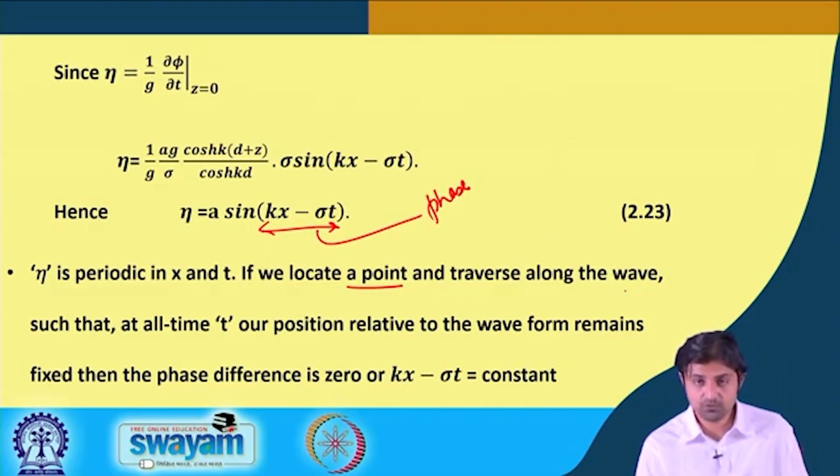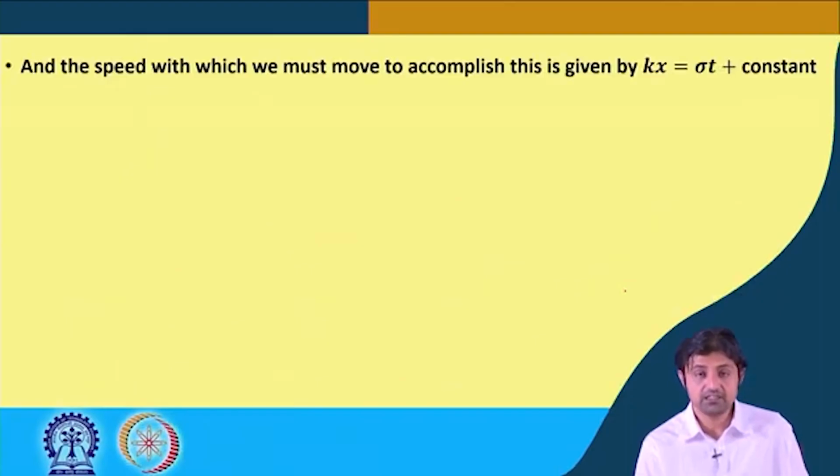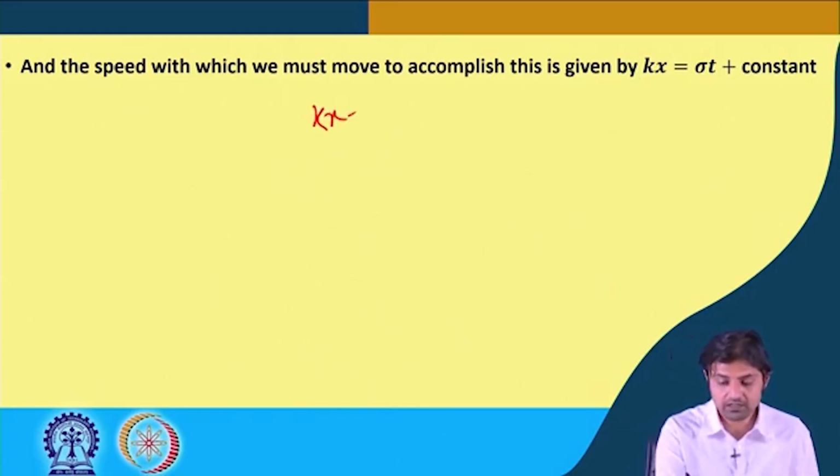Phase difference is going to be 0, because the phase will be constant. The speed with which we must move to accomplish this will be given by kx minus sigma t equal to constant, or kx is equal to sigma t plus constant.